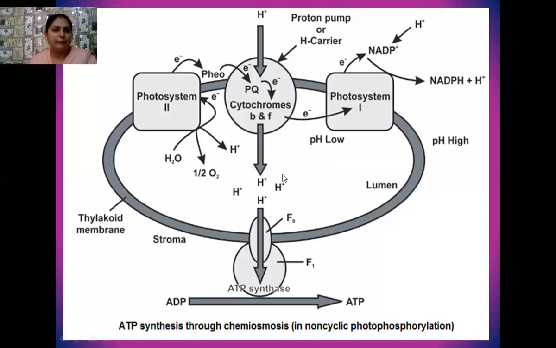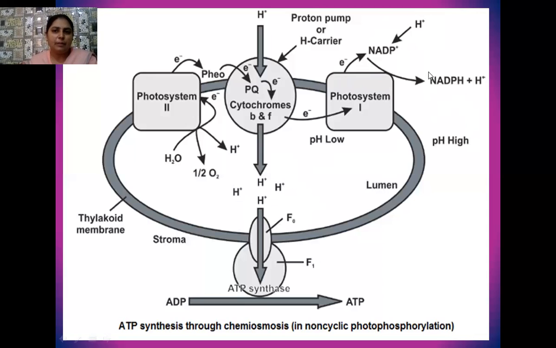So they pick up one electron from here and one proton from here, and with the help of this proton, these electrons finally reach the NADP molecules. They accumulate at the NADP molecule and the proton is released in the stroma region.